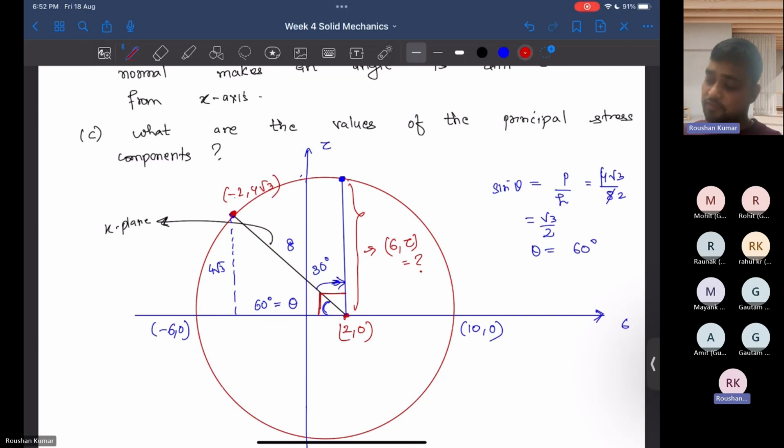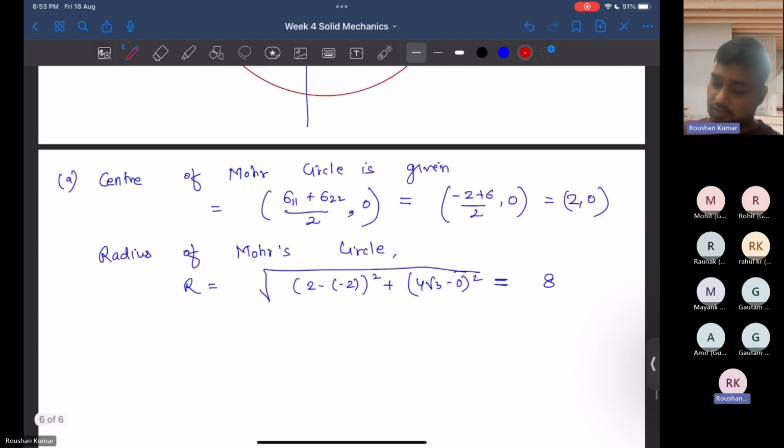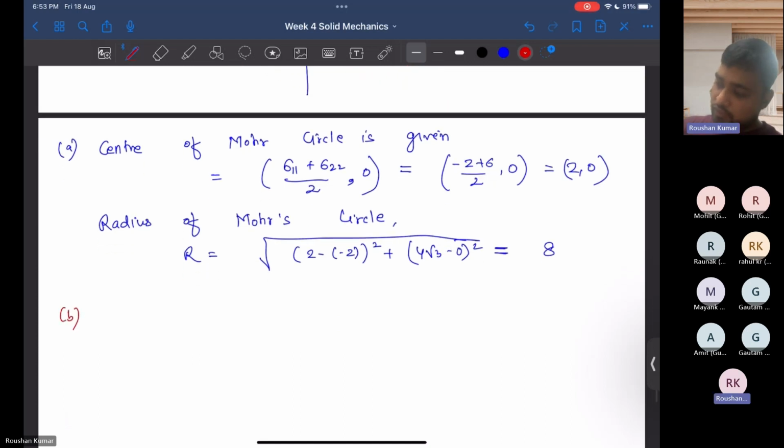As you can see from this line, it's a straight line. So there is no normal stress, only shear stress exists, maximum shear stress. From this figure we can see that there is a maximum shear stress point of 8 unit, which is equal to the radius of the circle, and this is the normal stress, and this is the value of shear stress. So on this plane, the value of sigma and tau is given by question number B.